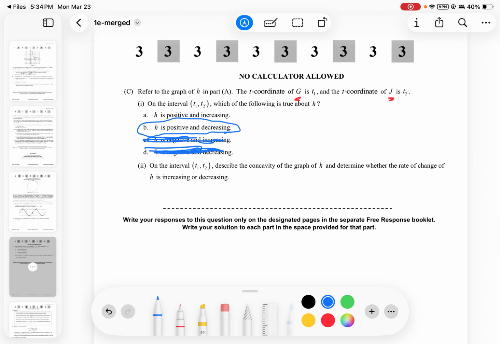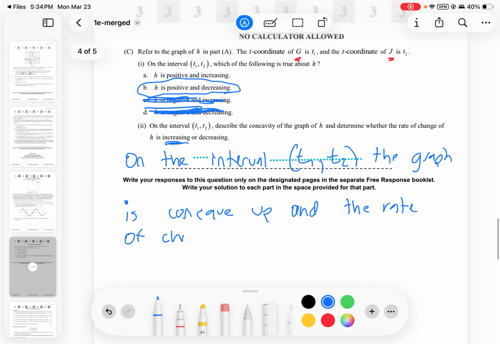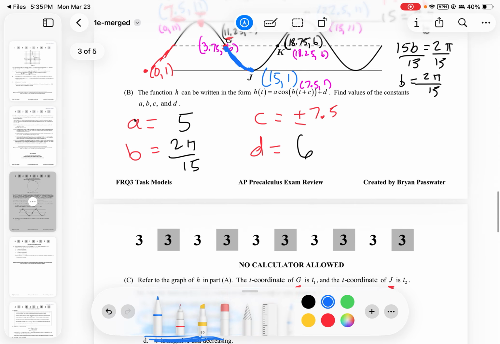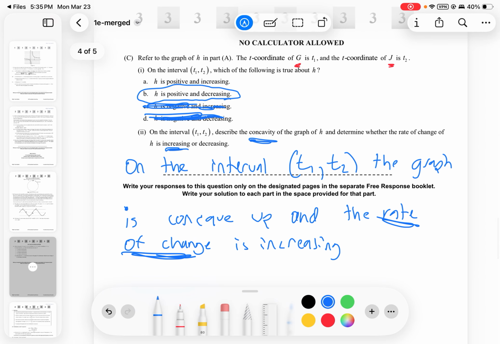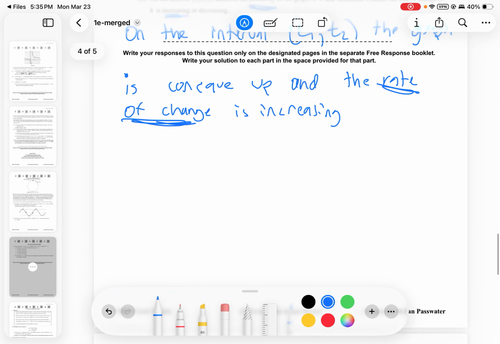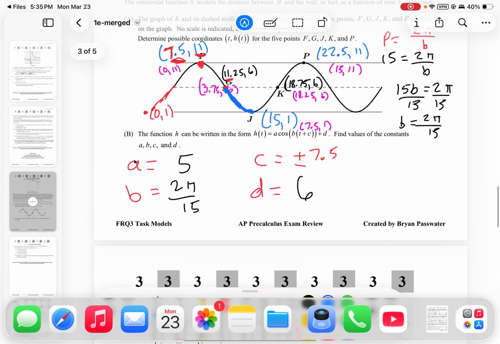The graph is concave up, and the rate of change is increasing. Make sure you say the rate of change is increasing. Don't just say the function's increasing. The function isn't increasing, it's going down. But if a function is concave up, then it automatically has an increasing rate of change. All right, let's look at the scoring guide because I was a little messy on this one.